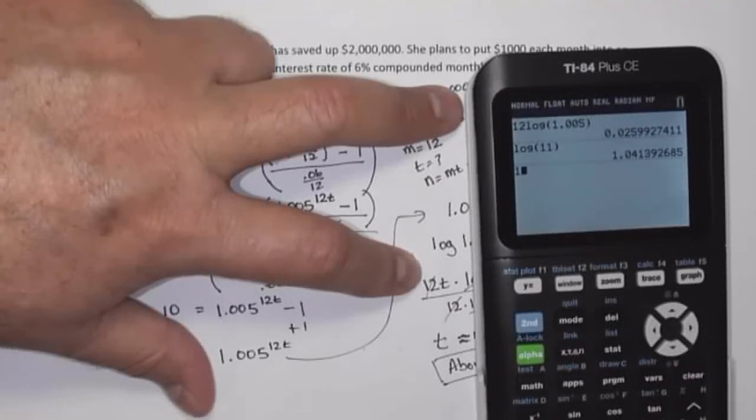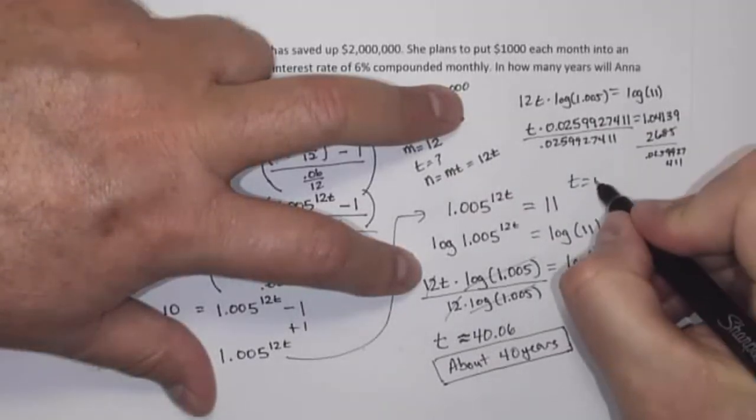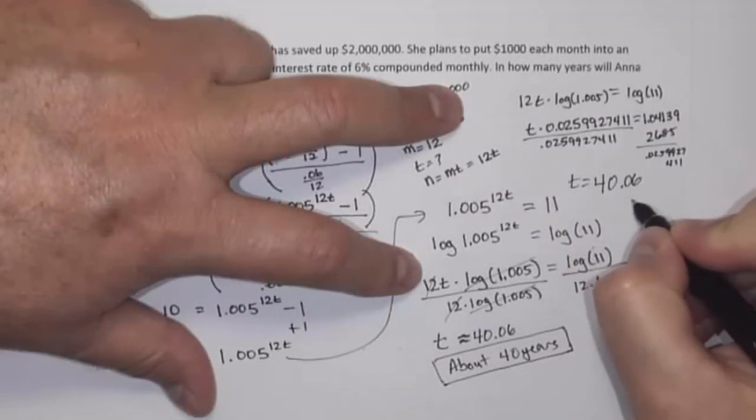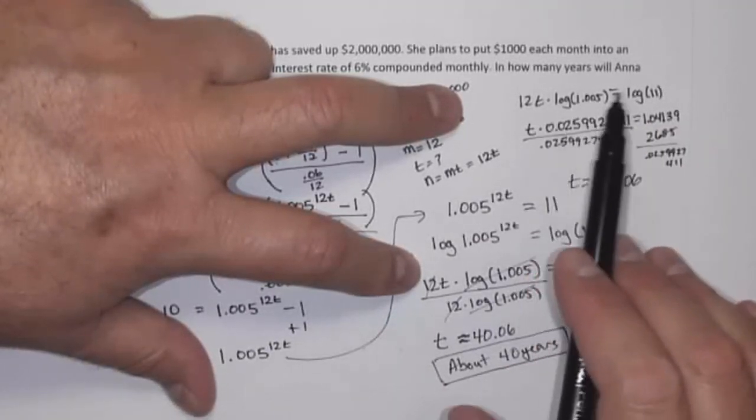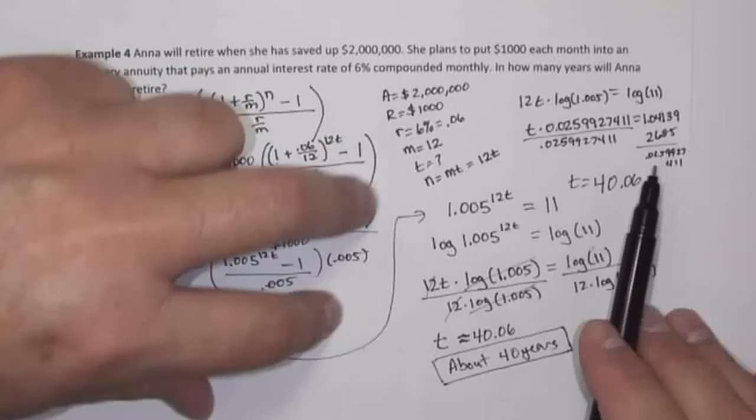So if I take 1.041392685 and divide by 0.025992741, that gives me the 40.06 years. So I could have done that. Just be careful not to round, because if you round, that's going to cause problems.